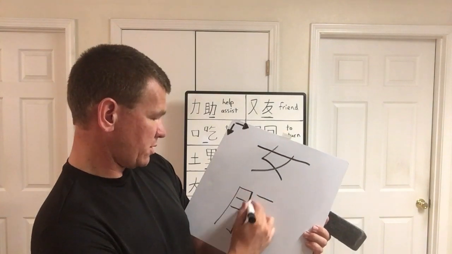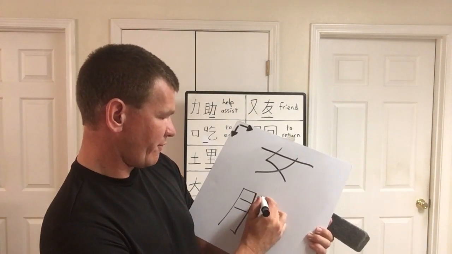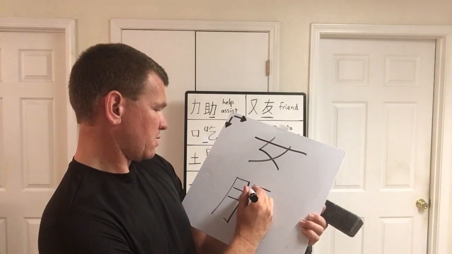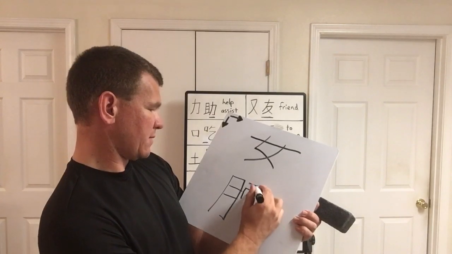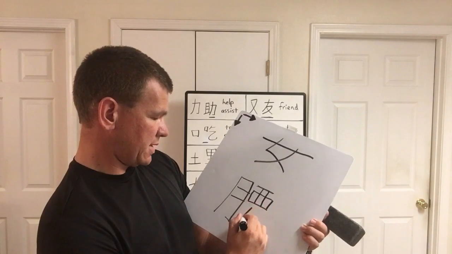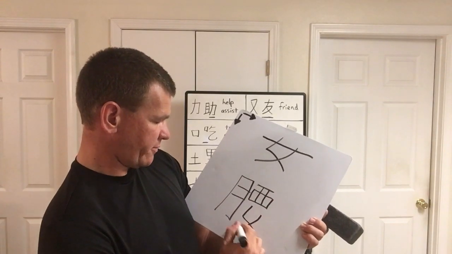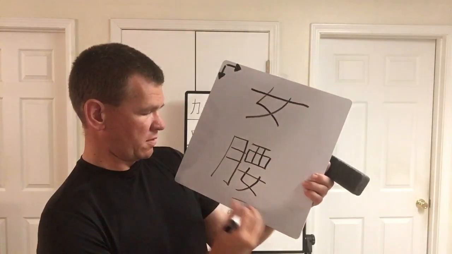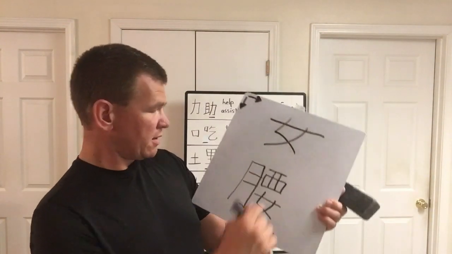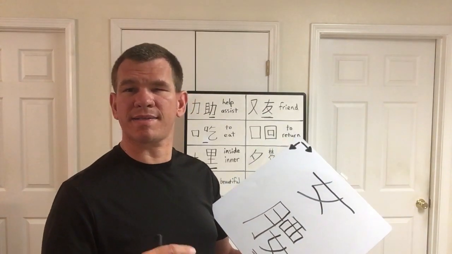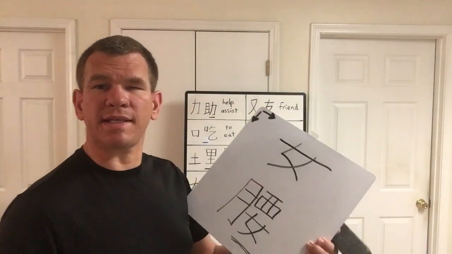So that's 1, 2, 3, 4, 5, 6, 7, 8, 9, 10, 11, 12, 13. And as you can see, the female is on the bottom right. This means waist, not to throw away, not that waste, W-A-I-S-T, waist. Or kidney, it's the kidney.